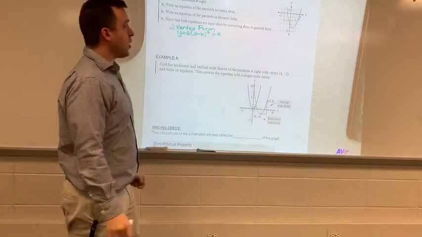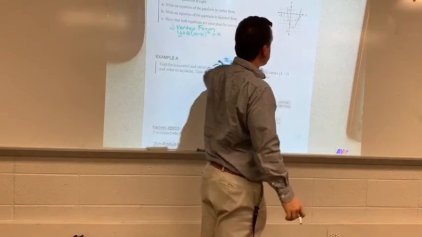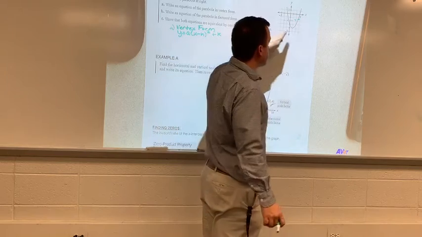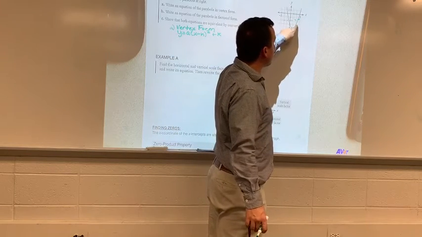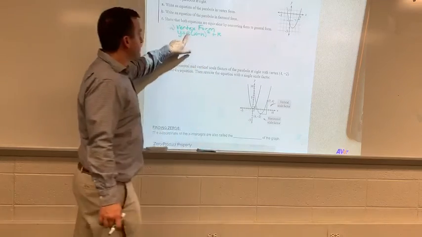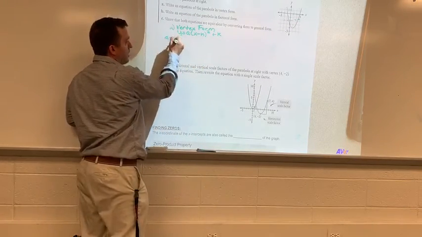And then I notice in this situation, if I look for a, my vertical scale factor, a is not negative because there is no reflection. And then as I move over 1, I move up 1, and there is no vertical stretch. So we know that a equals 1.